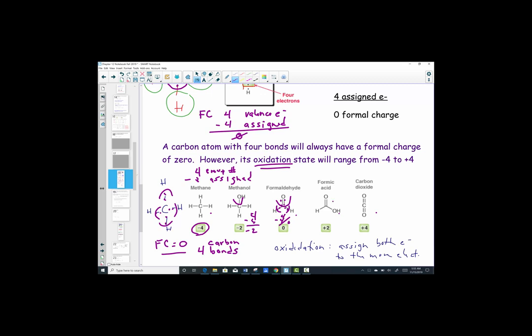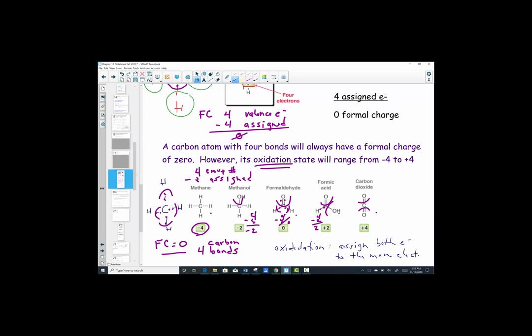And so forth. We can see now that the carbon loses both of these because it is now being drawn to the oxygen. And at this point, carbon is just assigned 2 electrons, still lives in group 4 with only 2 assigned electrons, giving it a +2 overall. And in carbon dioxide, it would have no assigned electrons.